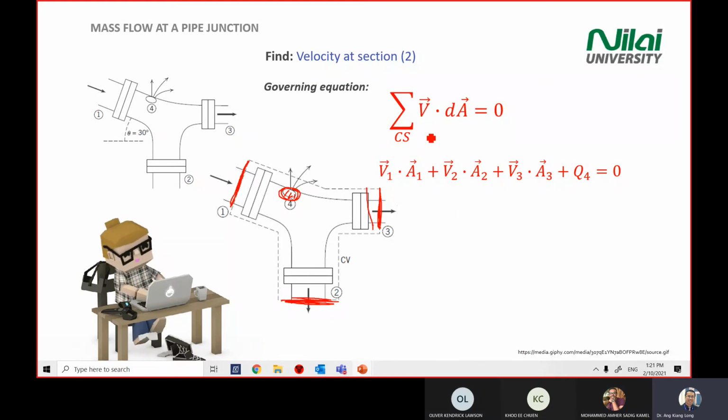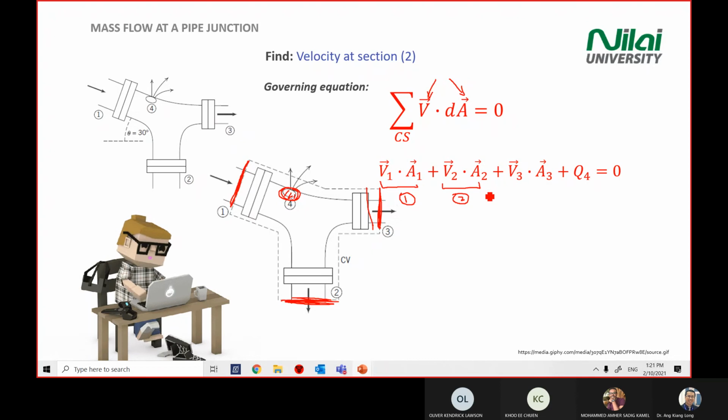Now, you look at the governing equation, it is a dot product, a vector dot product, so you write according to the surface. The first one is the first control surface. So you write v1 dot a1 plus the second surface v2 dot a2, with the vector sign above.